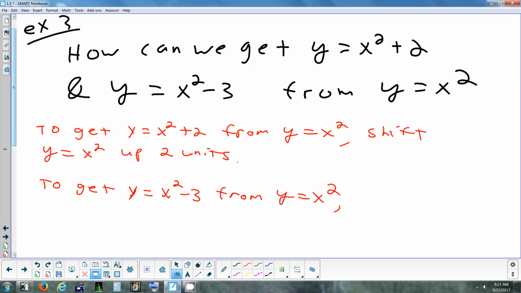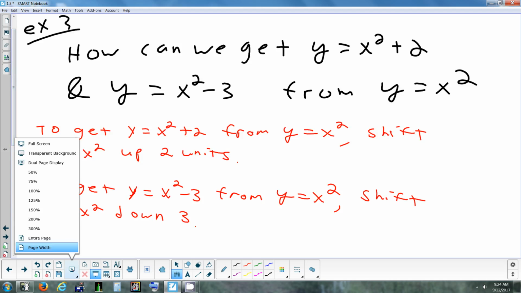Yeah, Caleb? Shift it down 3. Shift y equals x squared down 3. Okay, these are what we call rigid transformations. They don't distort the graph. They don't stretch it. All they do is take exactly what you have and move it somewhere else, in this case, shifting up or shifting down.